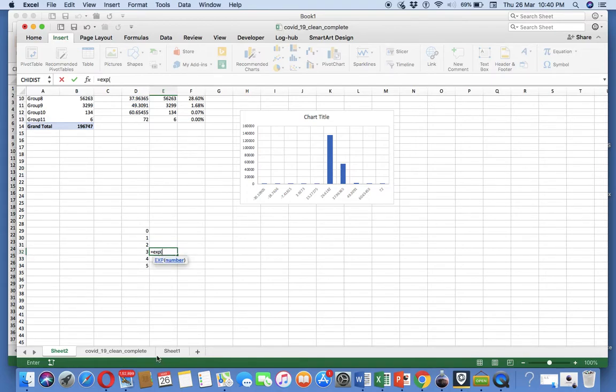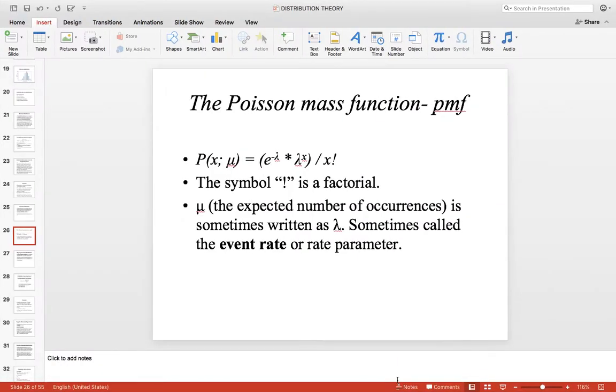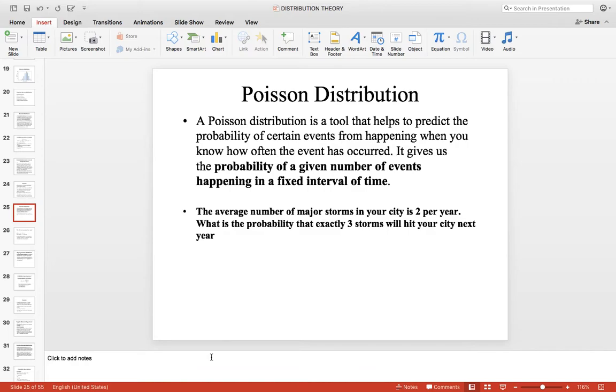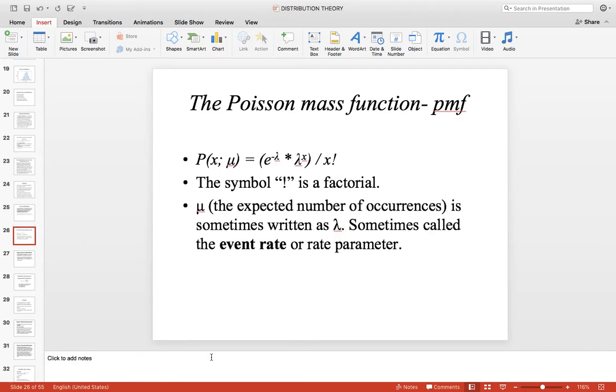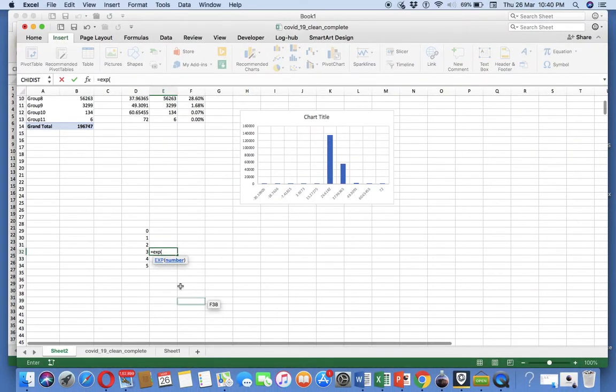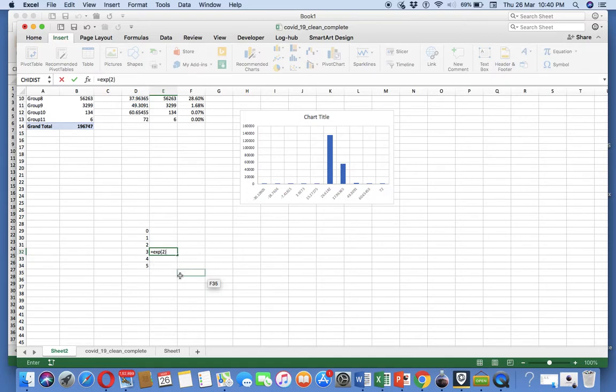So e raised to the power of minus the mean, 2, since the average is 2, into 2 raised to the power of 3.